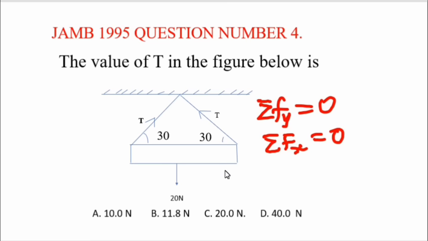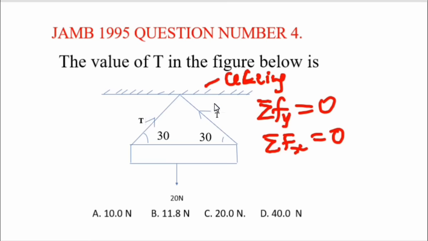To solve this problem, if you look at this now, you see that the weight is acting downwards, and you have two ropes attached to, let's say, a ceiling. Then tension exists on the rope.